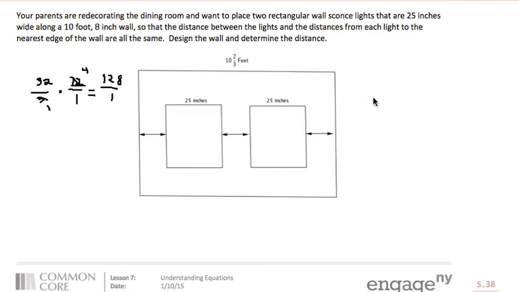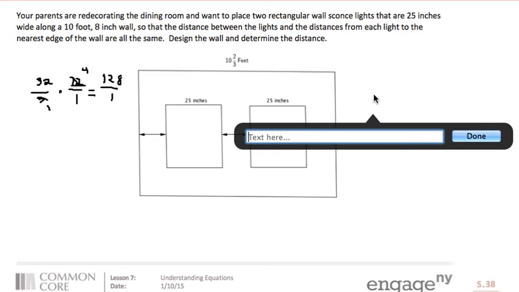Once we have the same units, we can do the calculation in very much the same way as we did the first part of the example. We start with 128 inches. We're taking 25 inches away for each of the wall sconces.